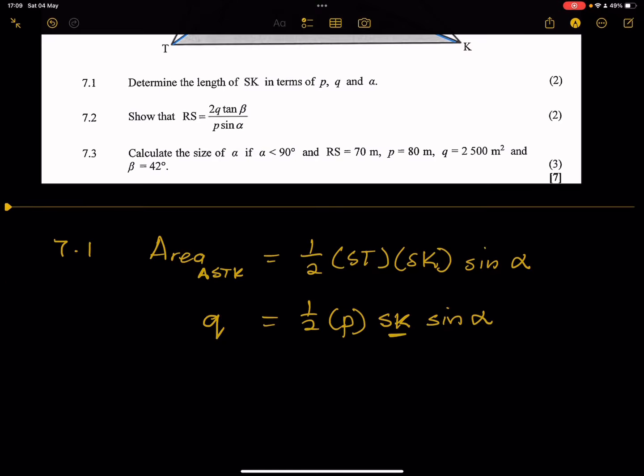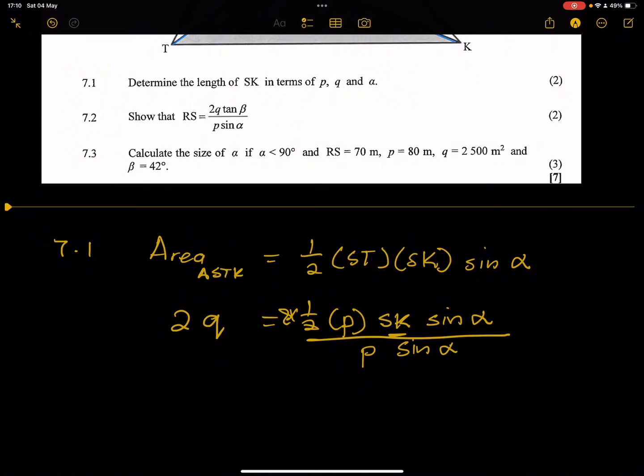Now I can make SK the subject of the formula, so I can first multiply by 2. What I do on the left, I do on the right. So multiply that by 2. And in this case, I'm going to divide by p sine of alpha.